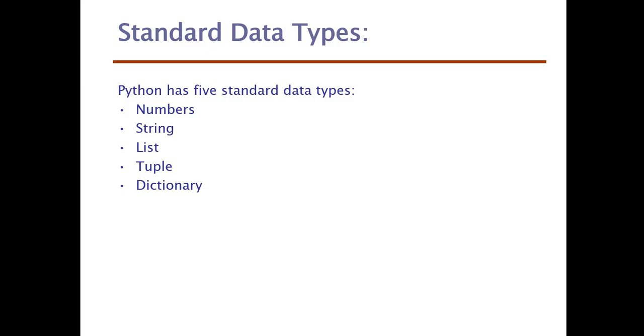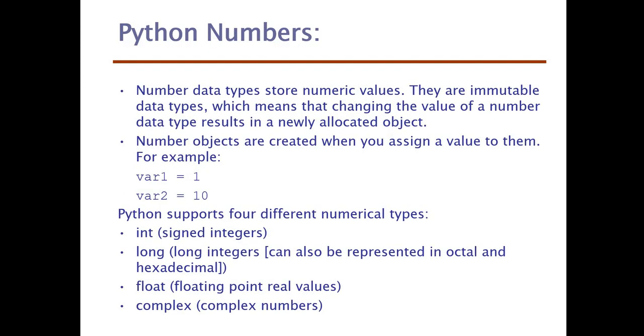Since everything is an object in Python programming, Python data types are basically classes and particular variables are instances, or we can say objects, of these classes.